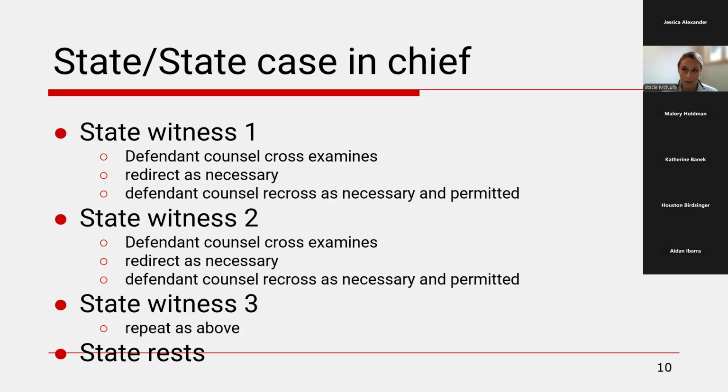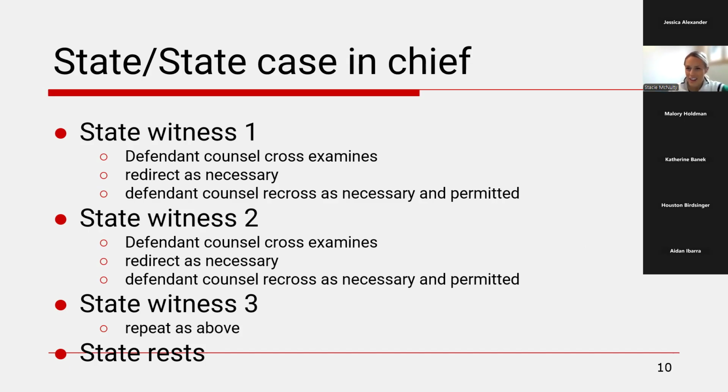First, the state gets to put on their witness where they present direct examination. That's where, if I'm the state, I'm asking my witness questions to get their story out there. The defendant has an opportunity to cross-examine them, asking difficult questions to try and poke holes in the story. From there, as necessary, and this isn't something you always do, there's redirect.